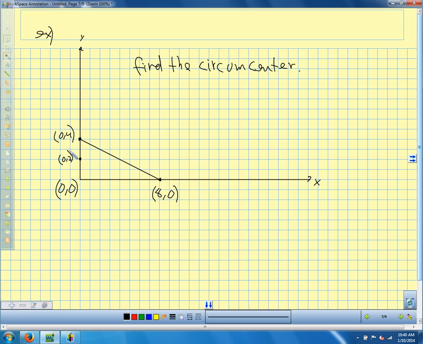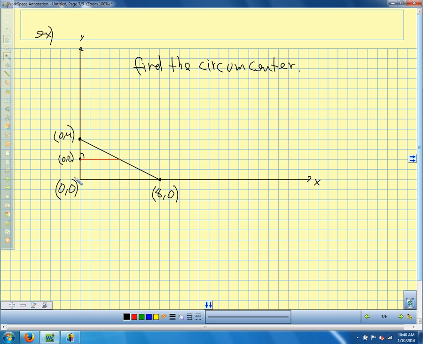And if we want to be perpendicular to that side, which direction do I need to go? What's going to make a 90-degree angle with the y-axis? Across. So straight level with the x-axis, right? So I'm just going to draw a line straight across. So there's my perpendicular bisector. Let's look at this side.